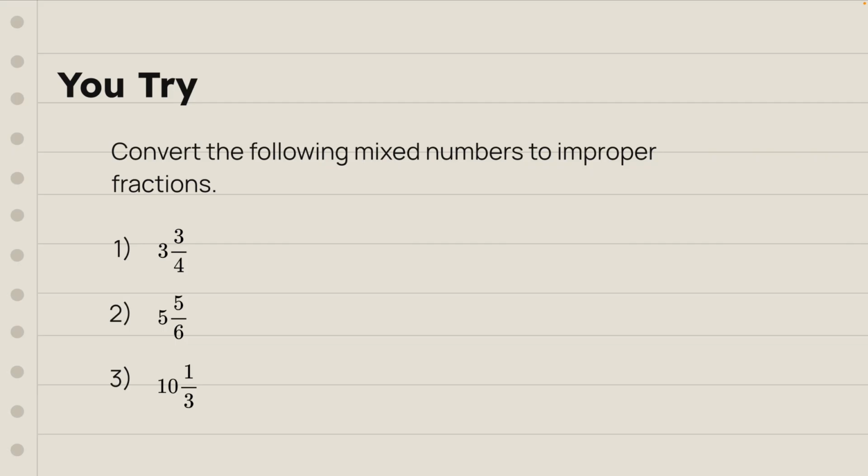Pause the video, and start it up again when you're ready. So for our first one, we're going to do 4 times 3 plus 3, and I get 15 over 4. For number 2, we do 6 times 5 plus 5, and I get 35 over 6. And then I do 3 times 10 plus 1, and I get 31 over 3.